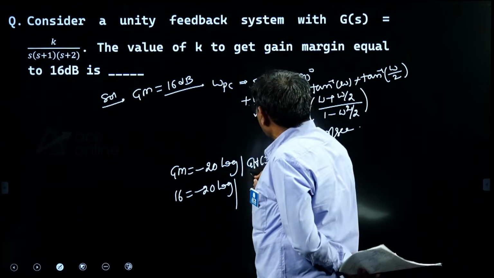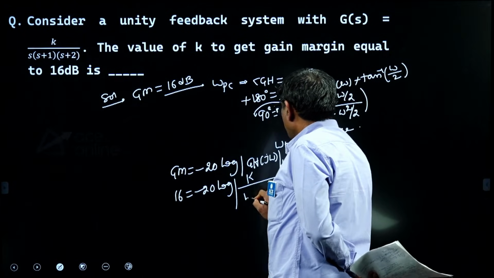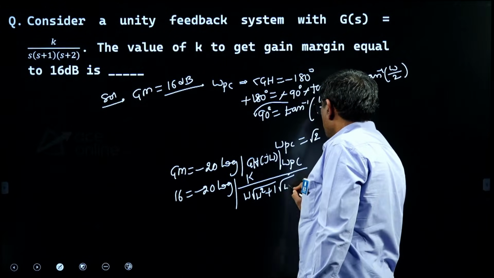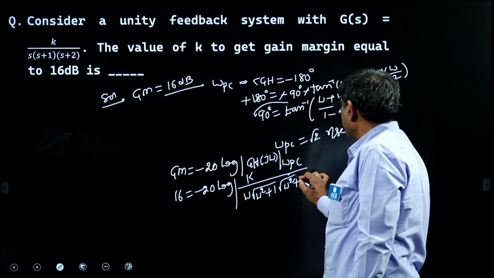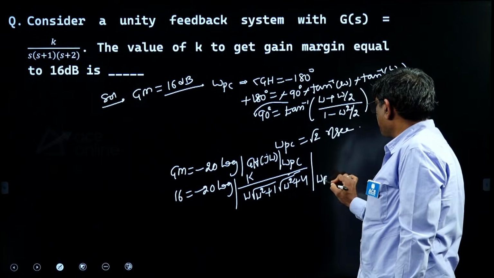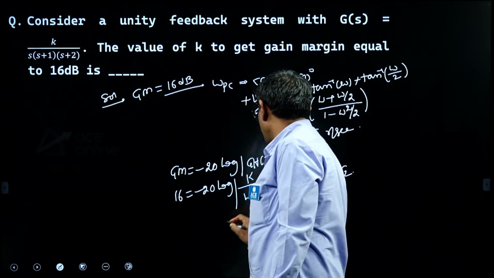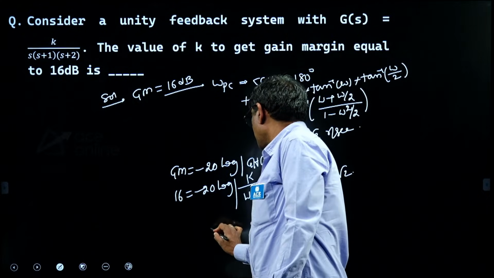What is the magnitude? K by omega root of omega square plus 1 root of omega square plus 4, at omega PC root 2. So now substitute the value here and solve it.